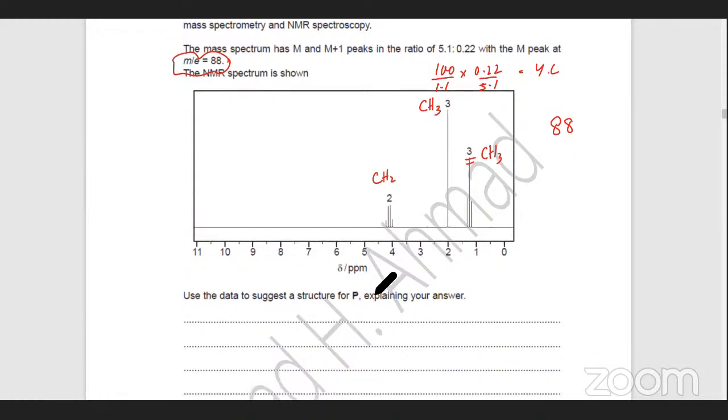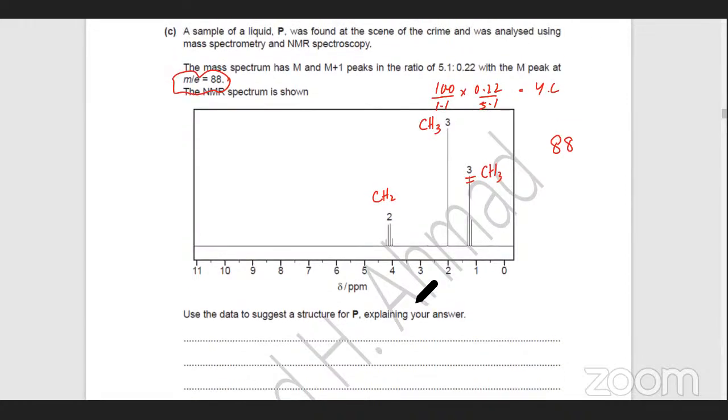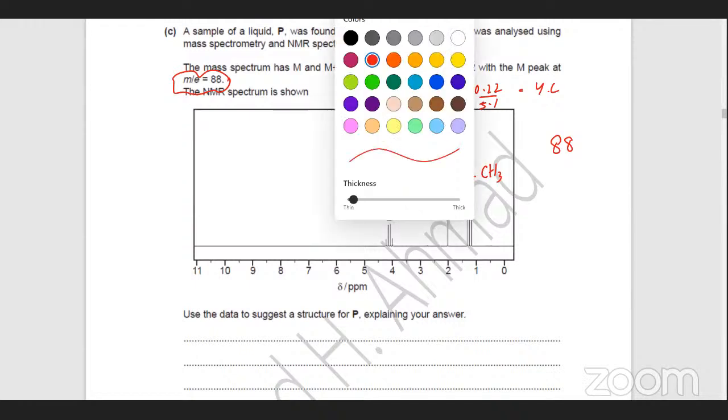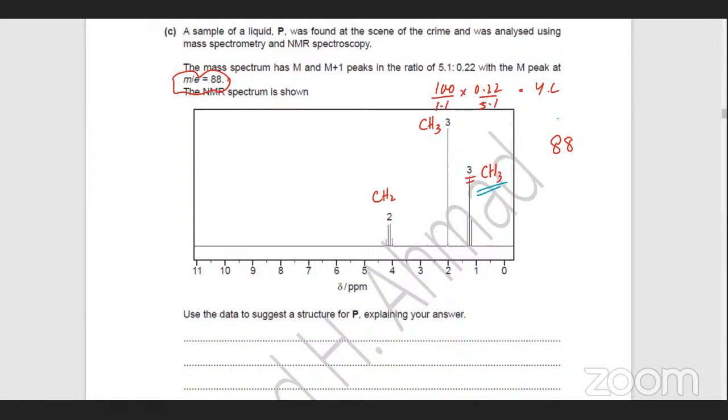Now use the data to suggest a structure of P, explaining your answer. So we're going to look at the splitting pattern. Our guess is that this one is a CH3, but what's next to it? Let's do it the other way around. I'm going to look at the splitting pattern. It's being split into 3.